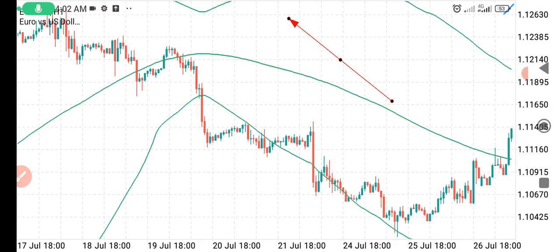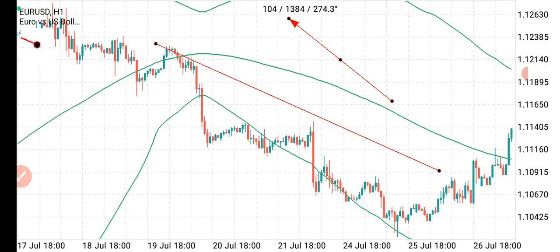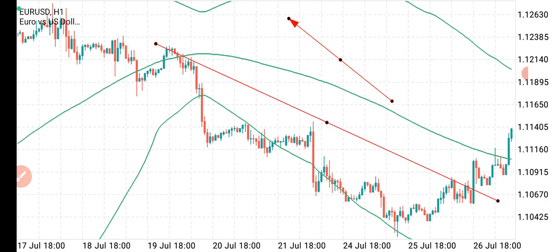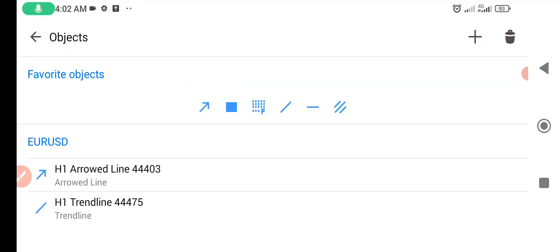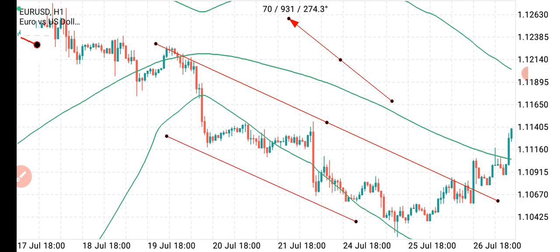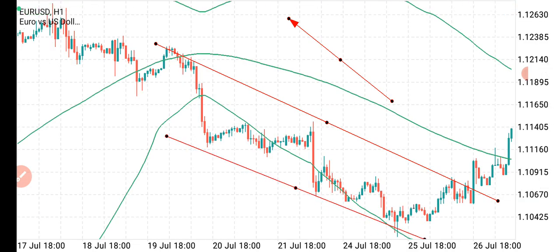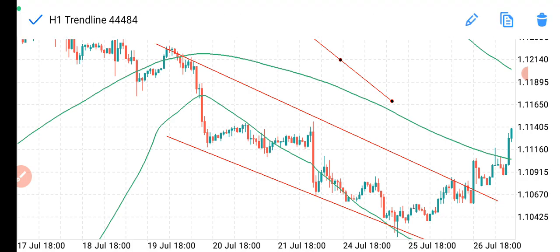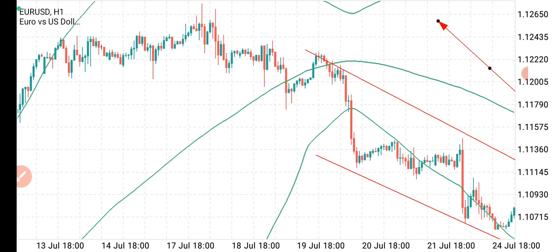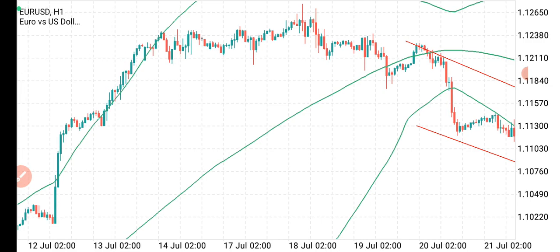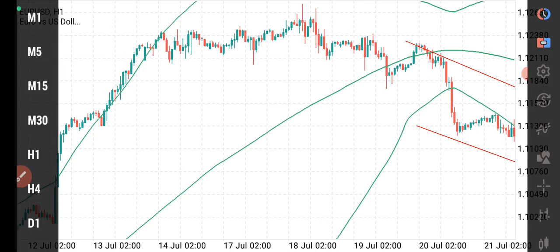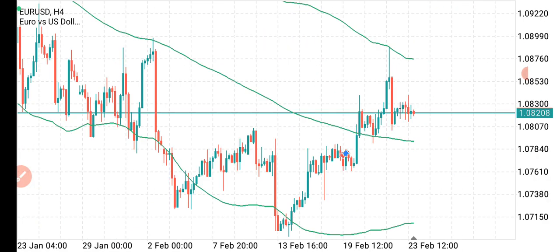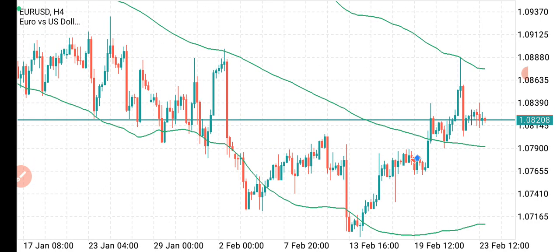This is an example of a trend line. Mark out your trend line, which is also your channel. If you are a price action trader, mark out your point of support and your point of resistance on the 4-hour and daily time frame.